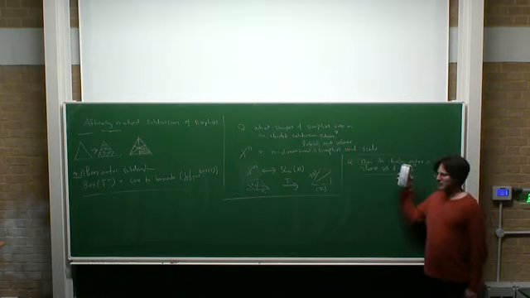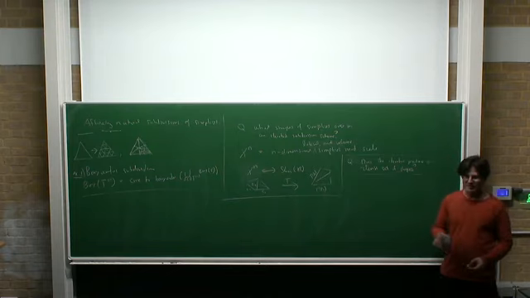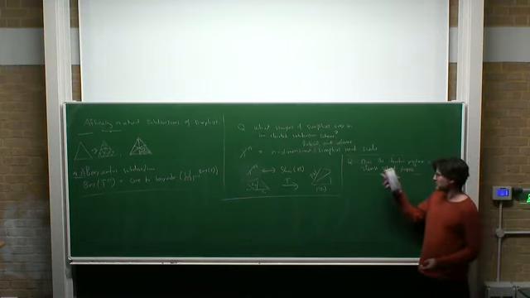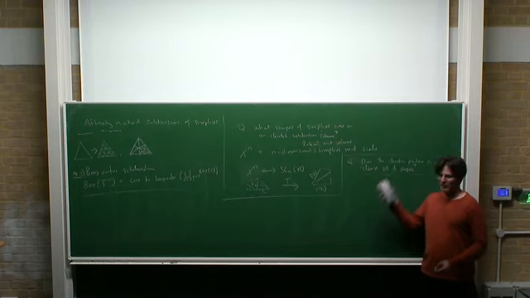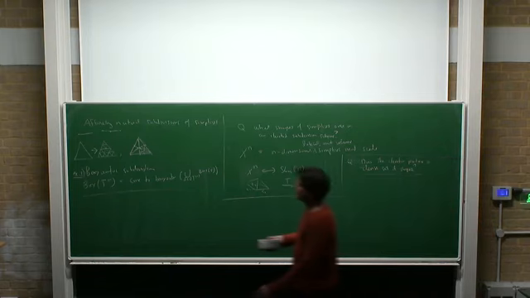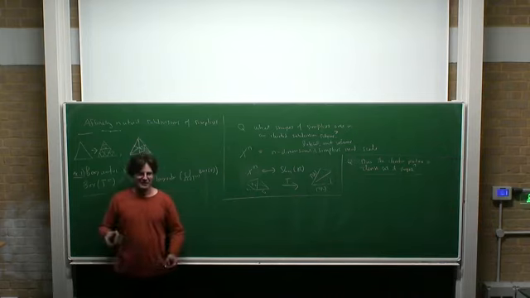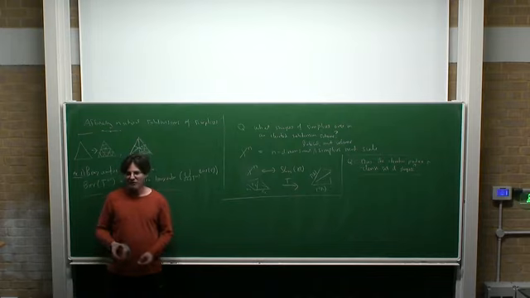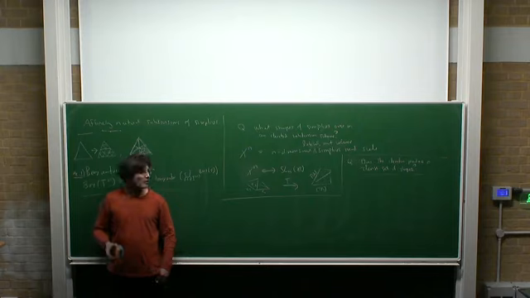I'm going to talk about what happens for barycentric subdivision, but the method I'm going to describe will work for any kind of affinely natural subdivision scheme. So far, so good? Okay, good.